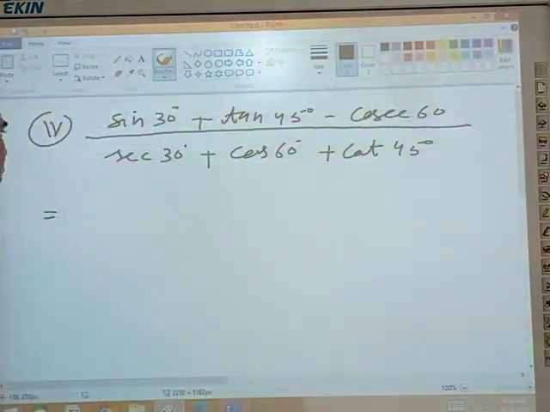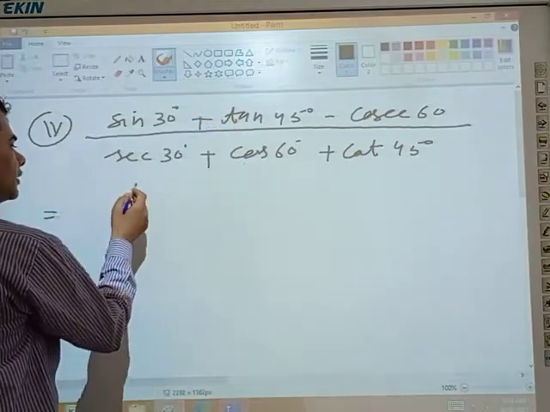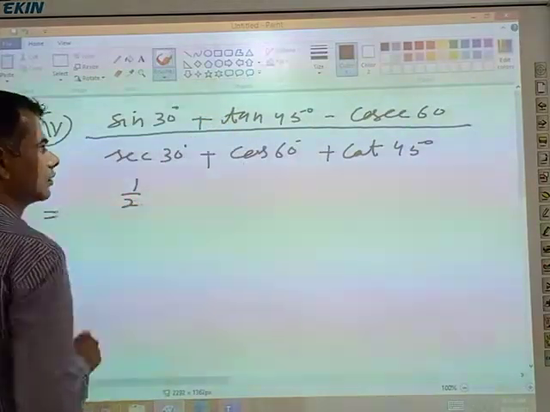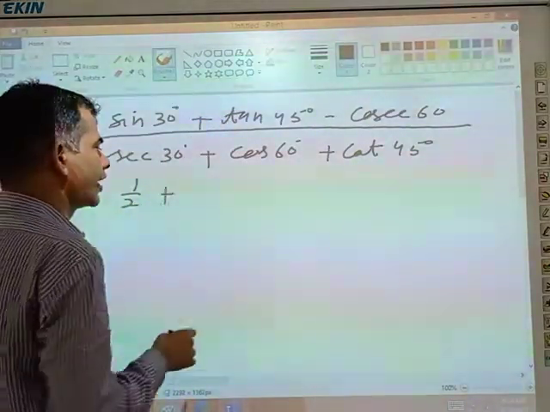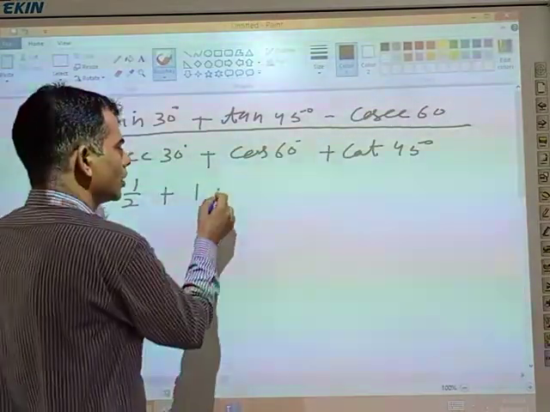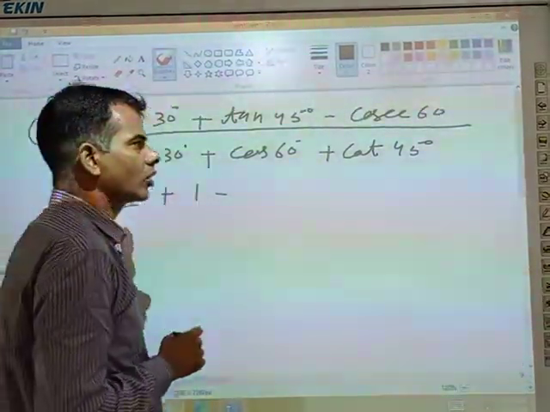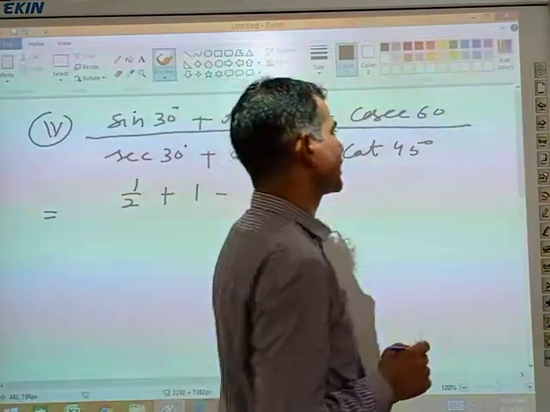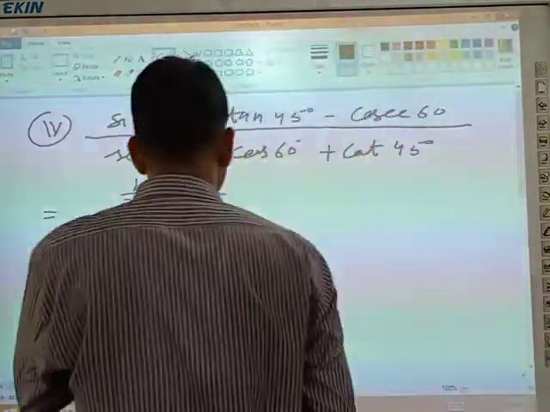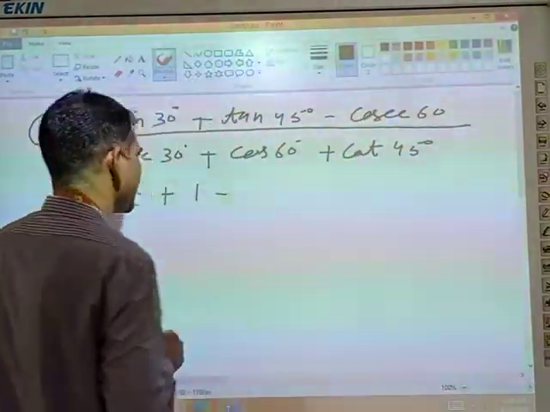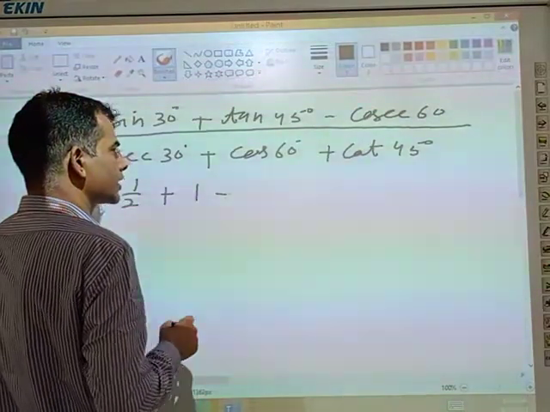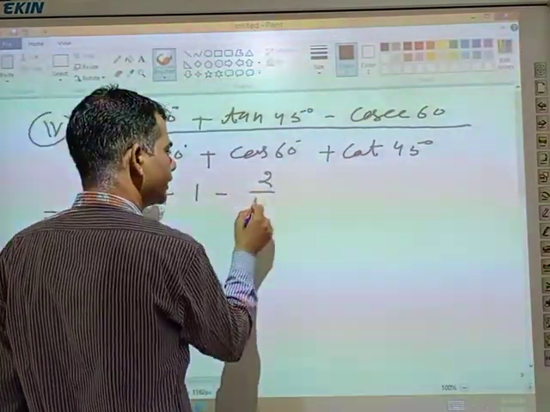Now value of sin 30 is 1 by 2. Tan 45 is 1. Cosec 60 is the reciprocal of sin 60. Sin 60 is root 3 by 2, and cosec 60 is 2 by root 3.